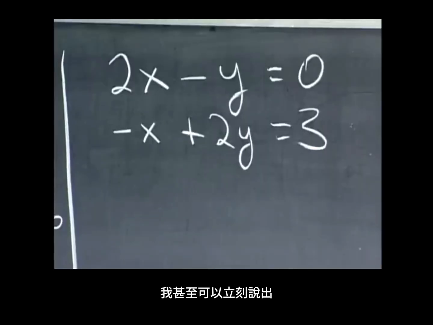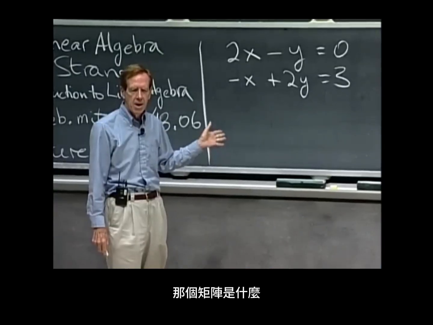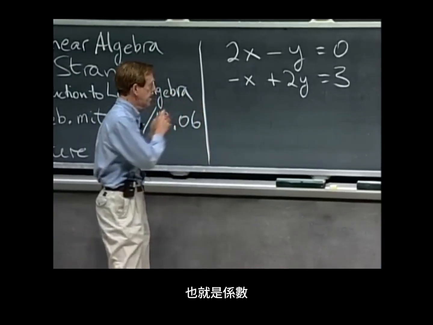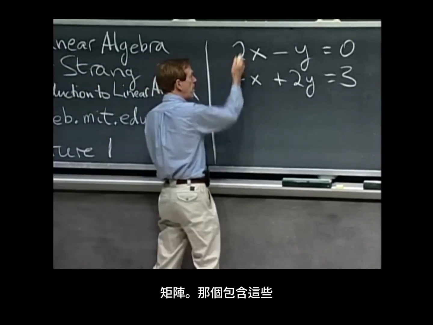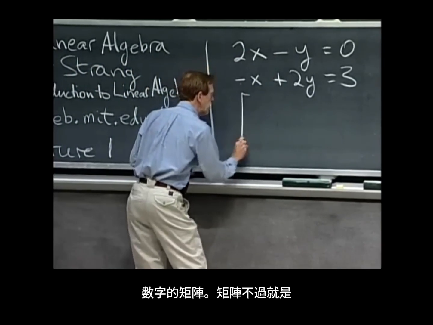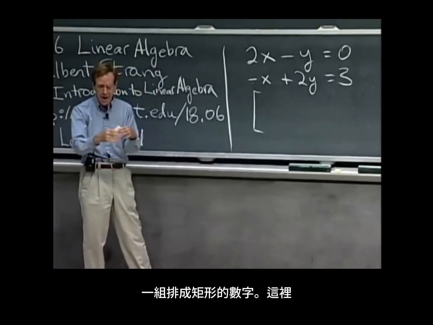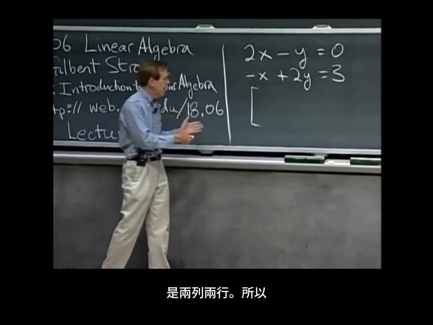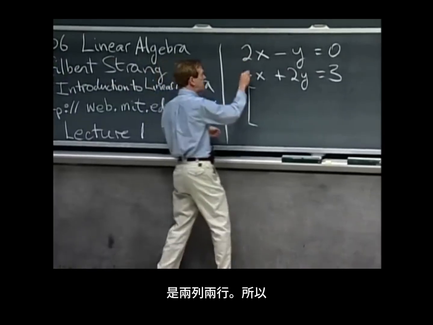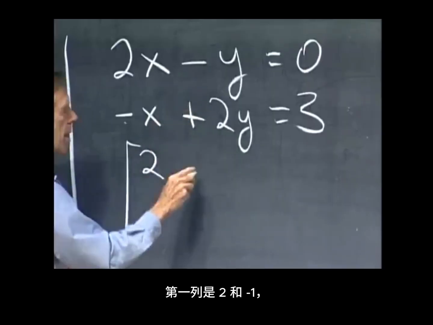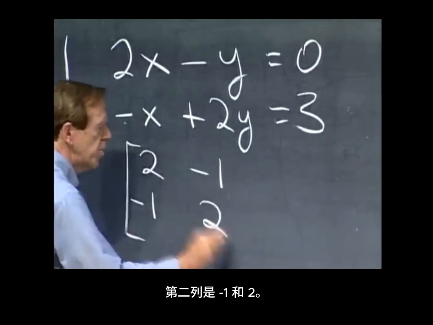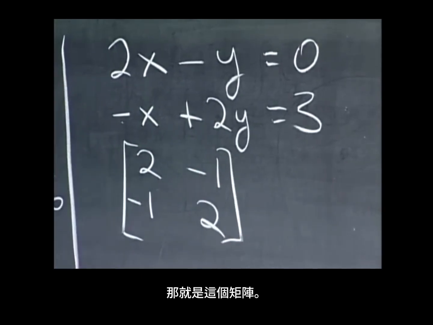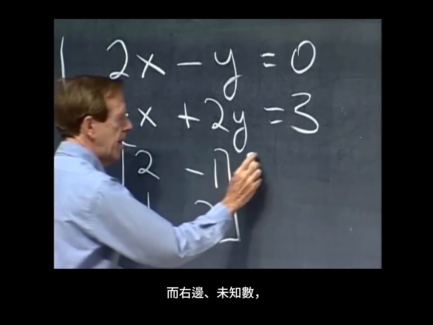I can even say right away, what's the coefficient matrix? The matrix that involves these numbers.